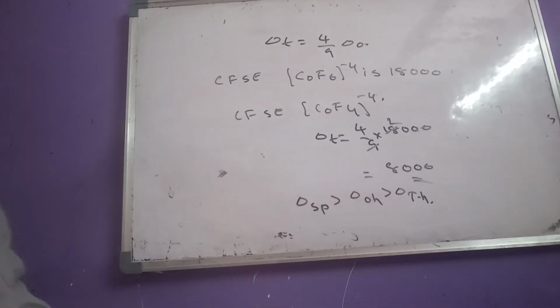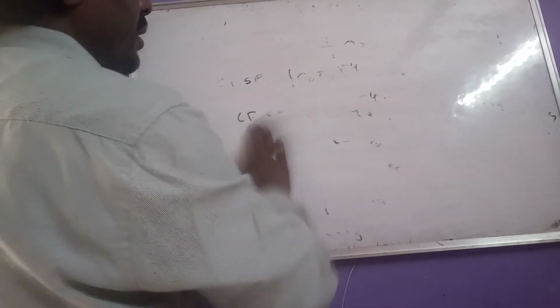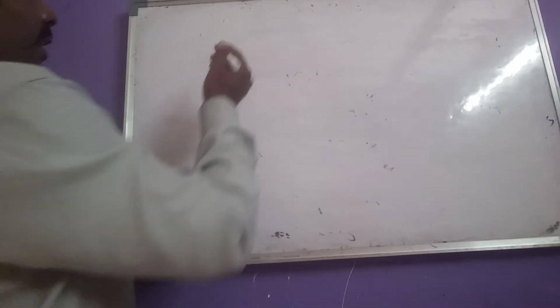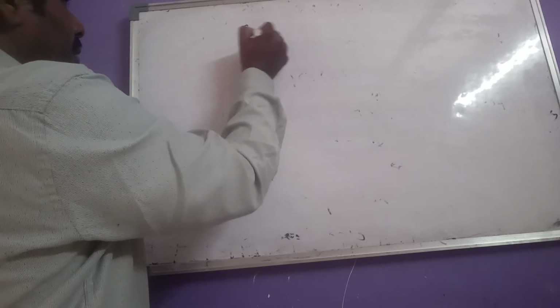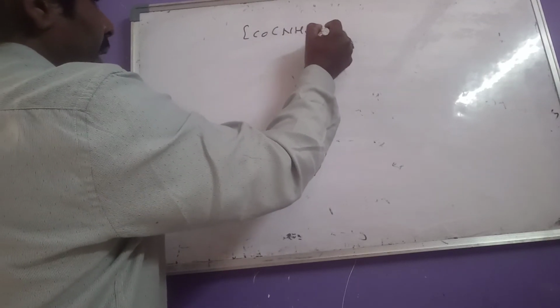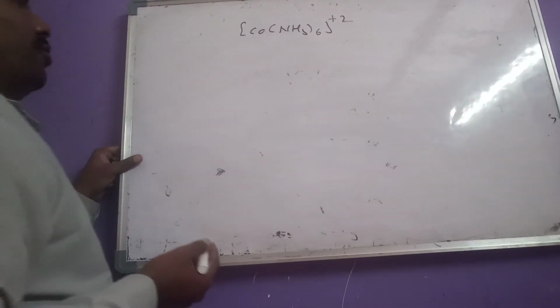Okay, now let us see one question here: how to write the electronic configuration as per crystal field theory. For example, Co(NH3)6 2+, they have given plus 2.